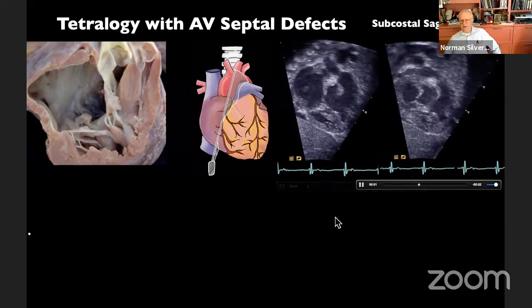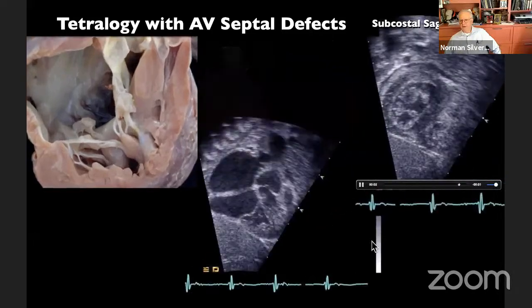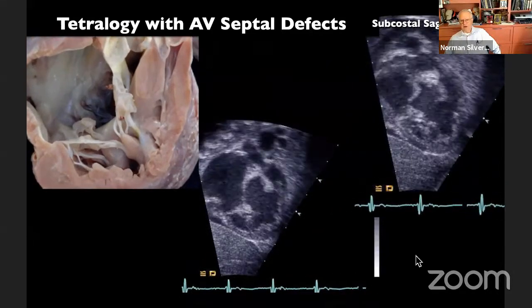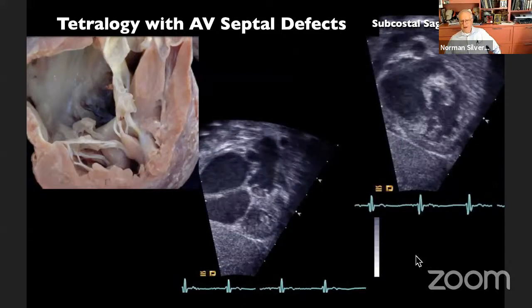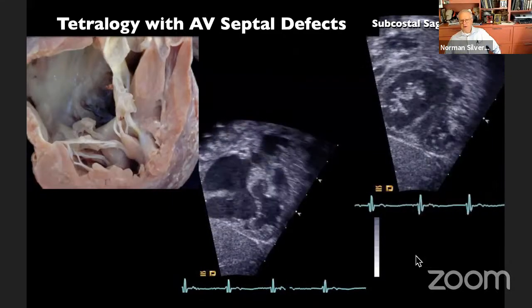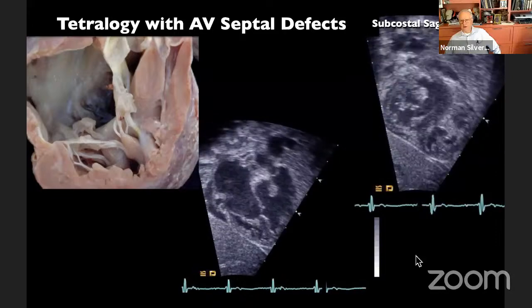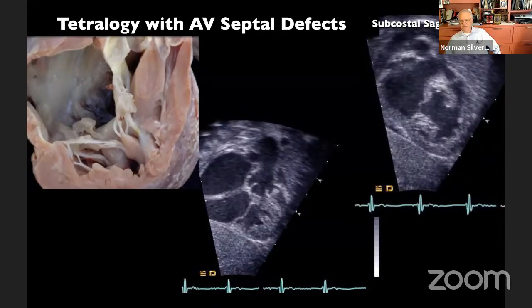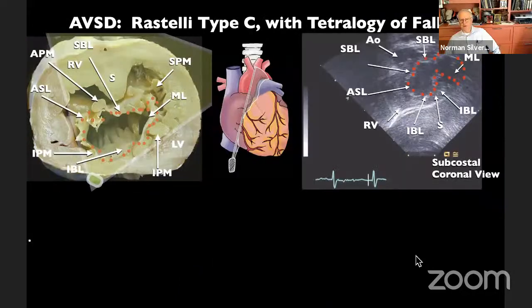So we'll let that go into play, and we can zoom that up for you so that you can see that once again. So tetralogy with an AV septal defect in an infant with Down syndrome, which probably was the reason for us being able to obtain this specimen, was termination of pregnancy.